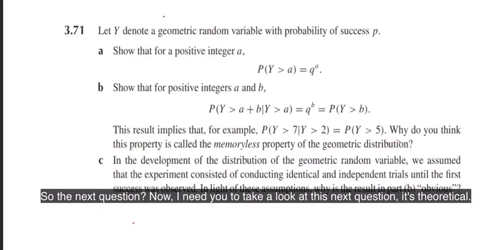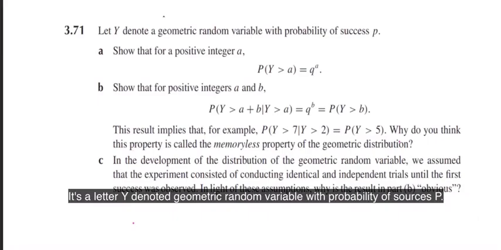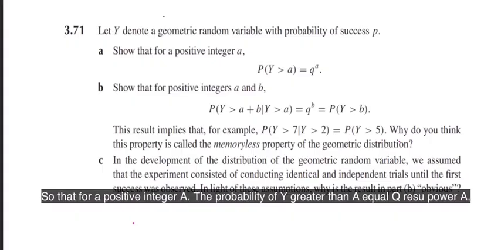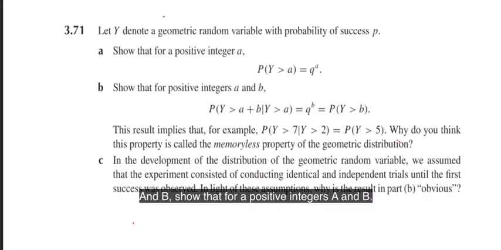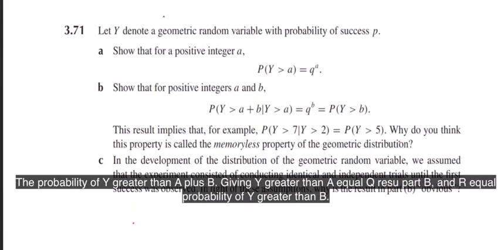Now I need you to take a look at this next question. It is theoretical. It says let y denote a geometric random variable with probability of success p. Show that for a positive integer a, the probability of y greater than a equals q raised to power a. And b, show that for positive integers a and b, the probability of y greater than a plus b, given y greater than a, equals q raised to power b, and that is equal to the probability of y greater than b.